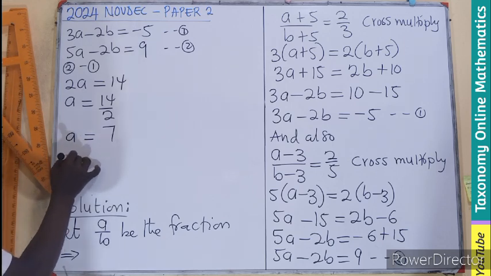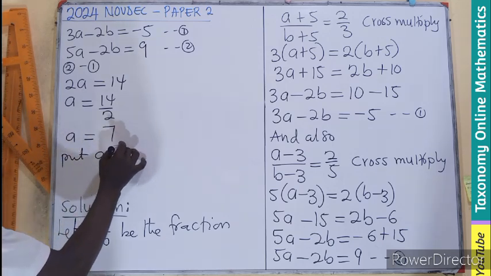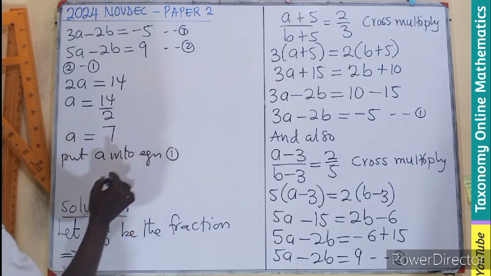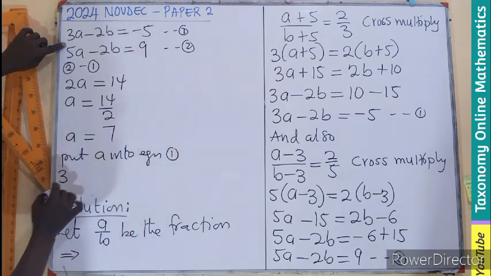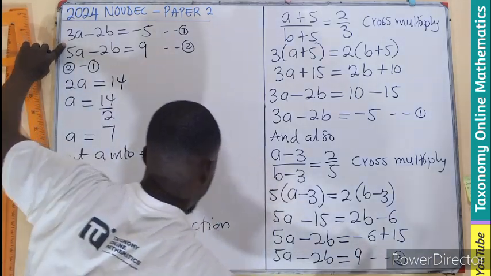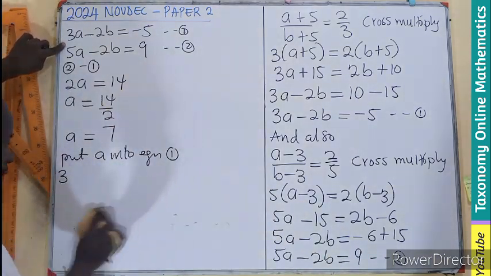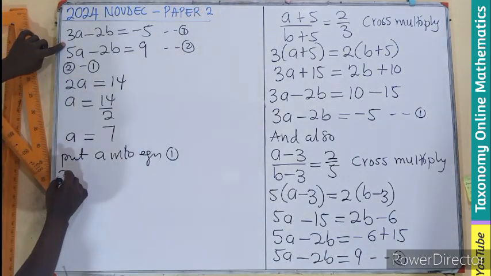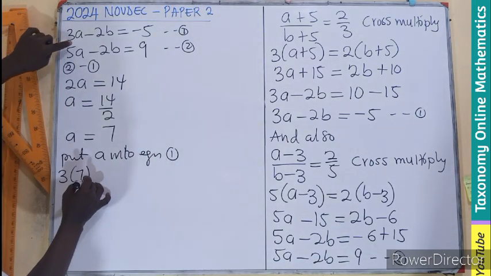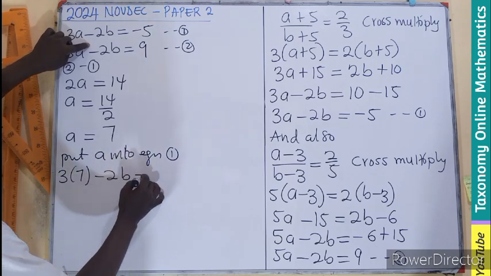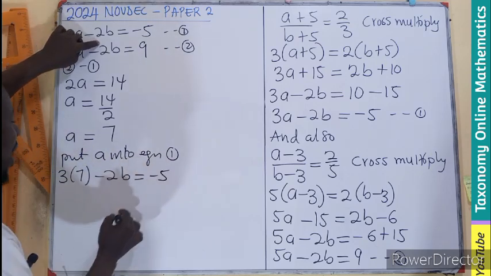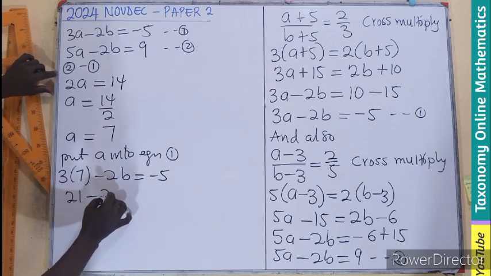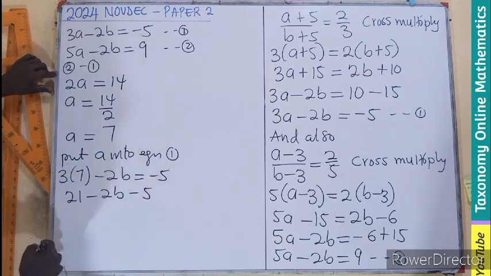Then we put a into any of the equations. So I'll say equation 1. I should be having 3a, which is 7, minus 2b equals minus 5. So I'll be having 3 times 7, 21. Let's group like terms.